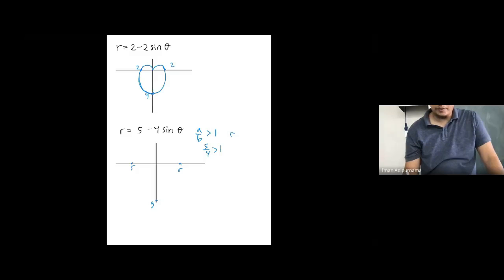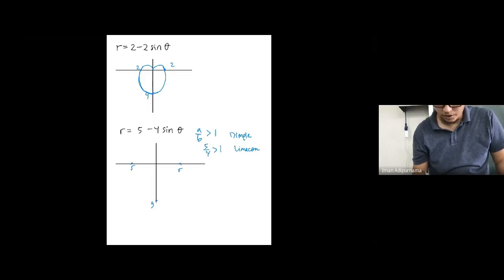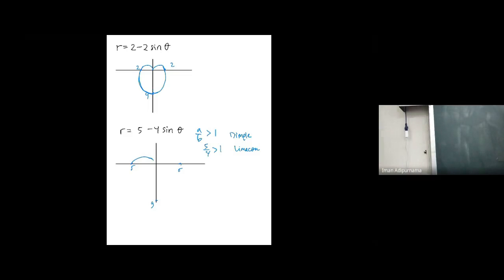So let me write A over B is greater than 1, or it's 5 over 4, greater than 1. Okay. We will have a dimple limaçon. So it wants to go to 0, but it's not. Okay. So it's a dimple like that. Okay. Then this is the dimple limaçon.